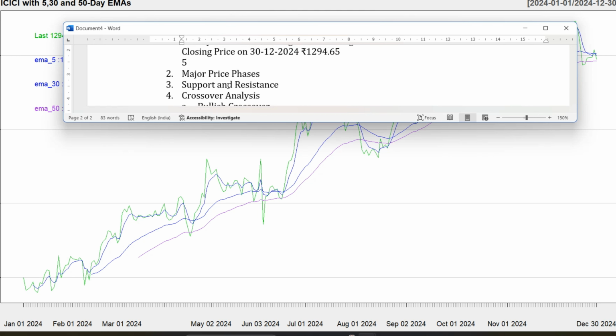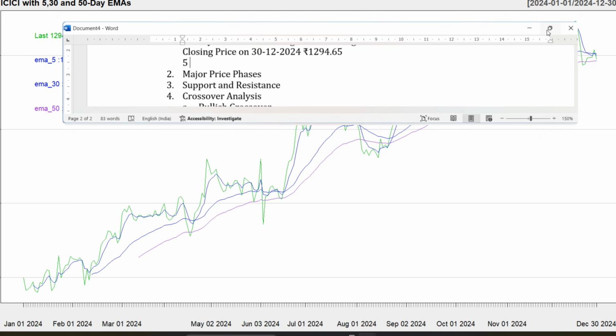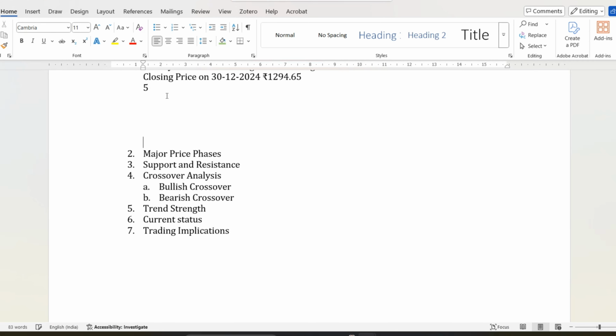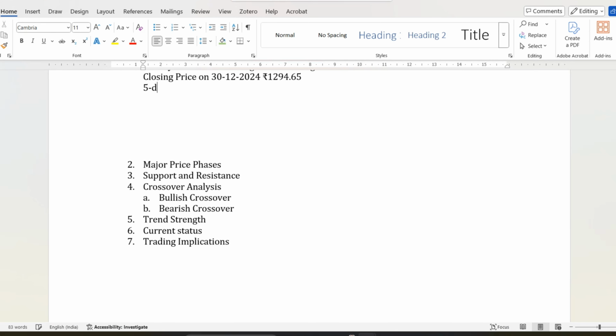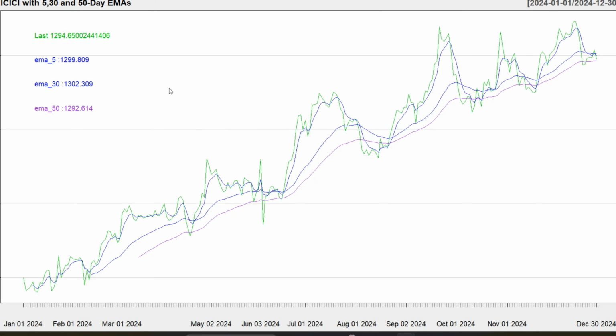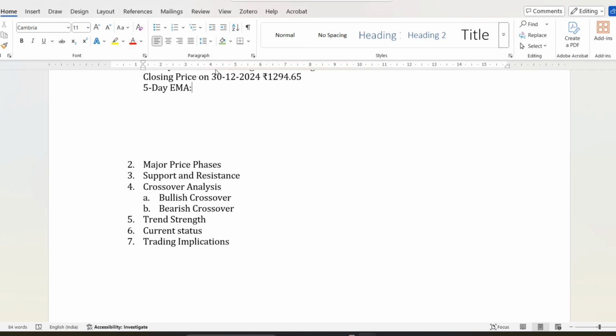The 5-day EMA is about 1299.81. Then again I will paste it here.